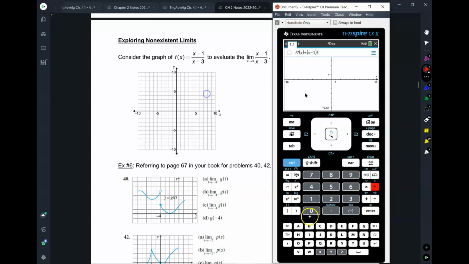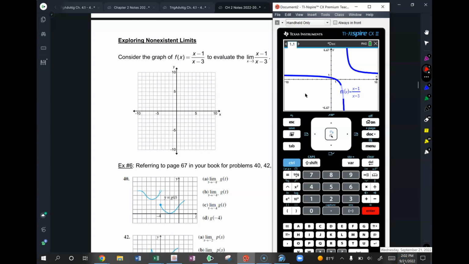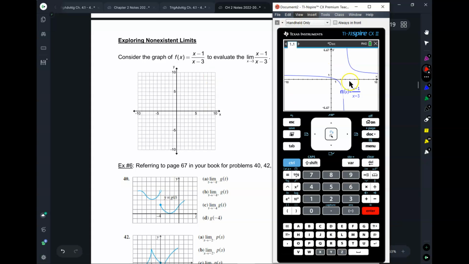It shouldn't matter for this. How do I stop a split screen? Control T. I'll walk around in a second.